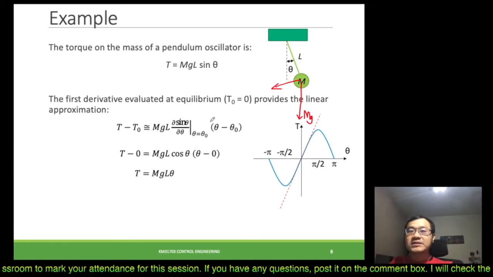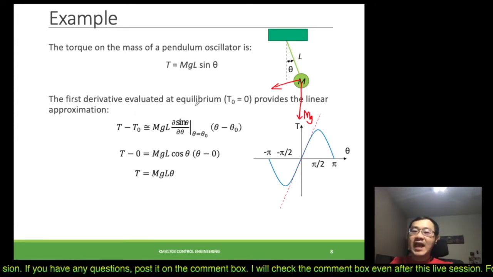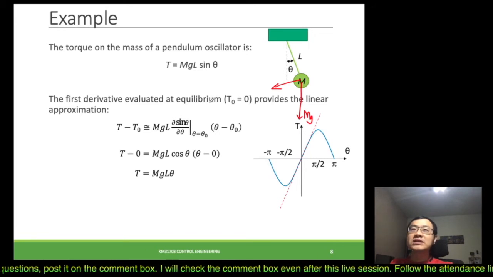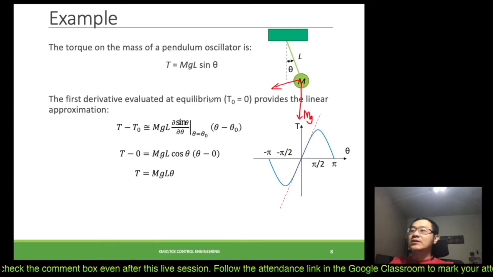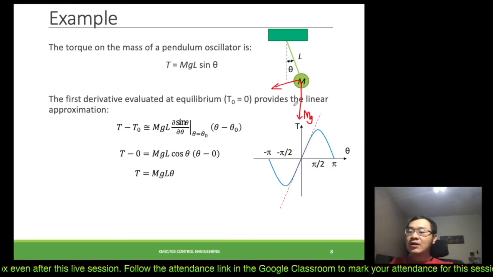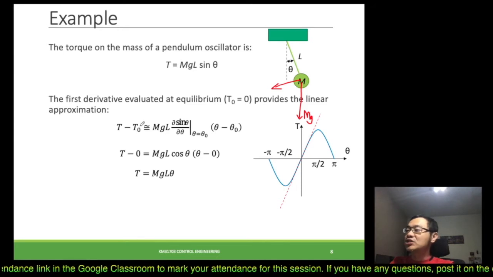Referring to the previous Taylor expansion, the first derivative evaluated at the equilibrium, which is the normal operating point, would now provide a linear approximation as given as such, right?